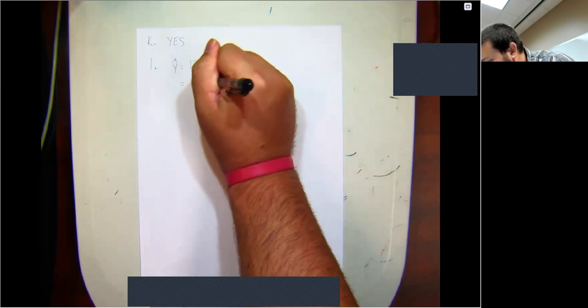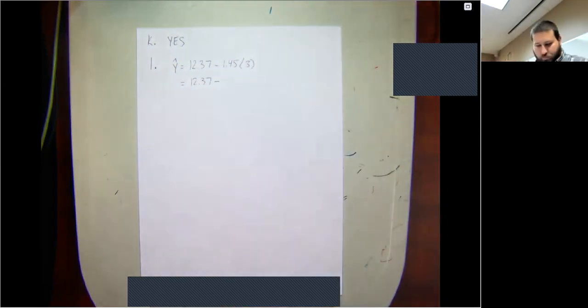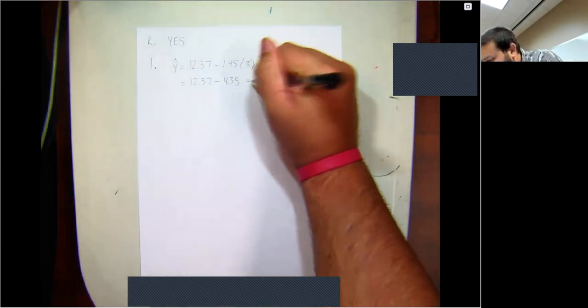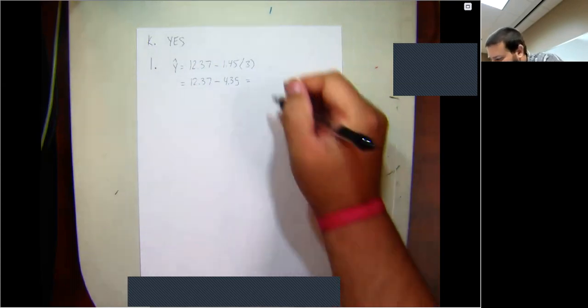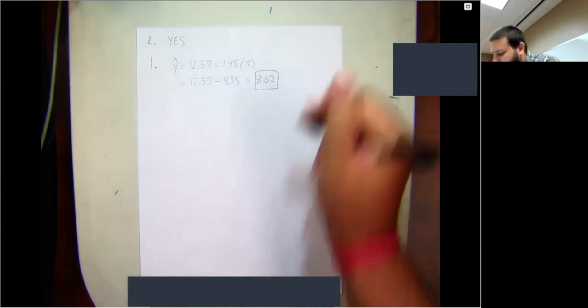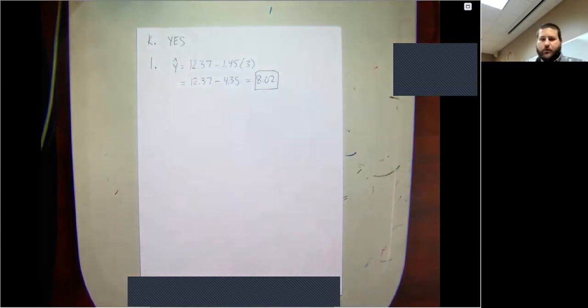So it's 12.37 minus 3 times 1.45, which is 4.35. So 12.37 minus 4.35 is 8.02. So Patricia has 3 risk factors. We predict her achievement score to be an 8.02.